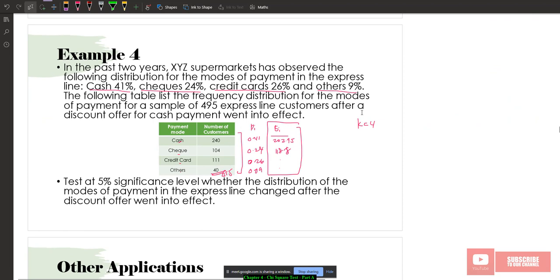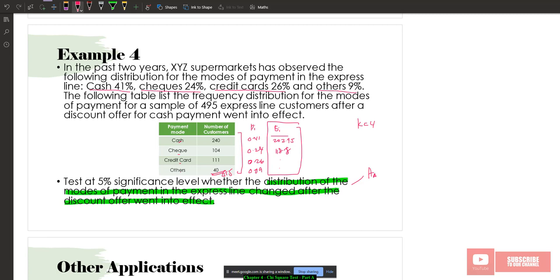For this example on modes of payment, the objective is to know, at the given significance level, whether the distribution of the modes of payment in the express line changed after the discount offer went into effect. So this is our alternative hypothesis.